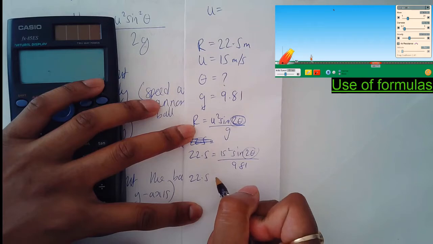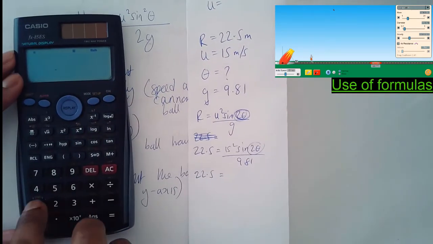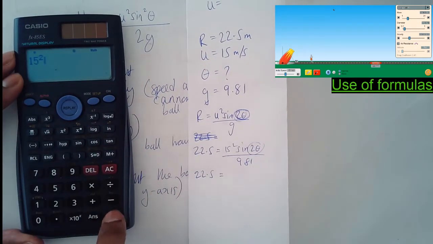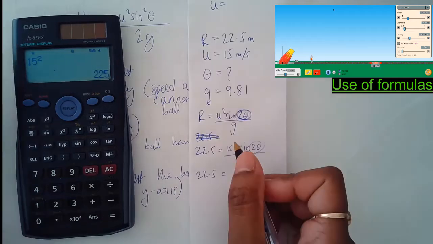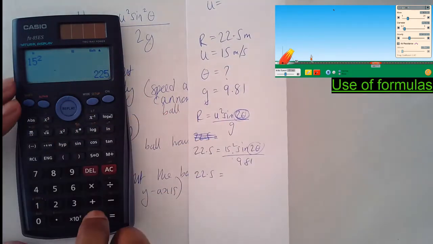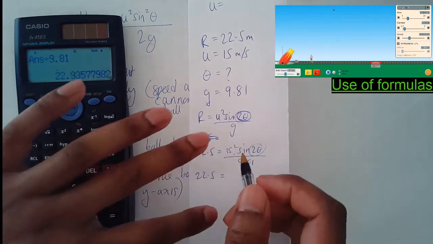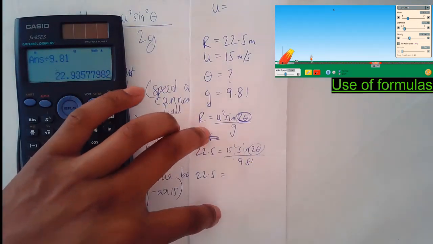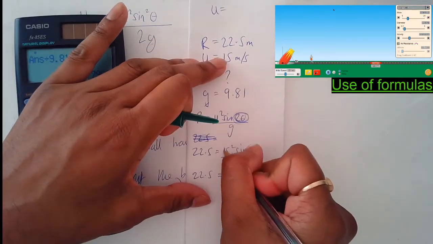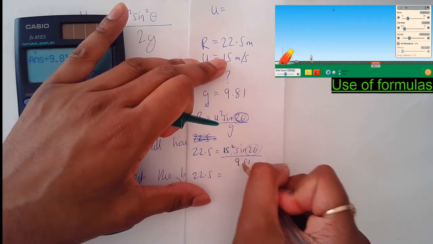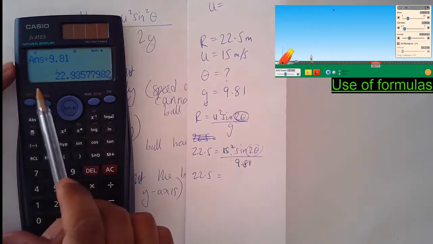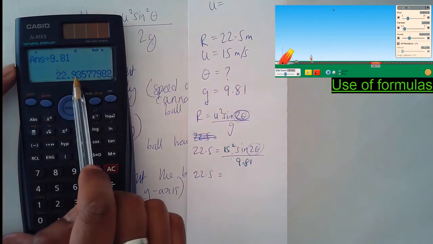22.5 is just 22.5. Can't change that yet. 15 squared is 225. That's divided by 9.81. So all of this, let's do it in green, I've just worked out as 22.93.